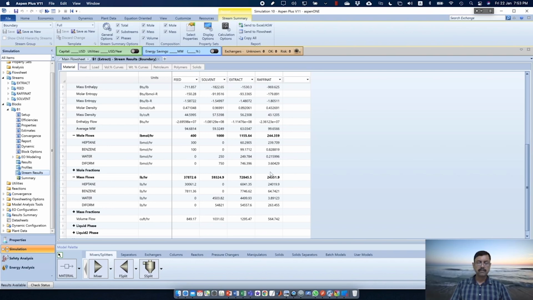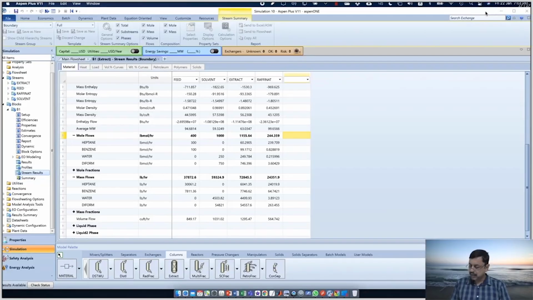Obviously diform is the one which has extracted here. The entire mixture has taken benzene out of it. So benzene has been extracted from the component. And the raffinate is almost free of other things. 239.709 of heptane has gone into the raffinate phase. So that is how the extract model can work.